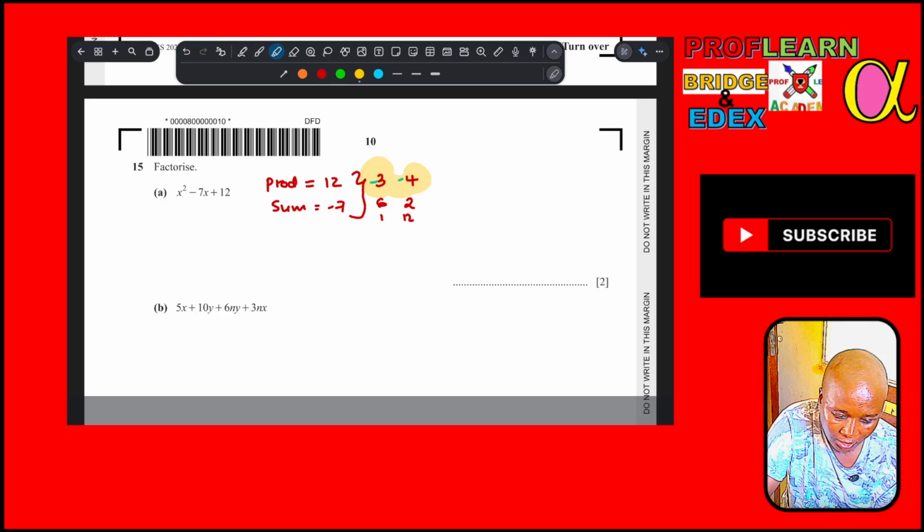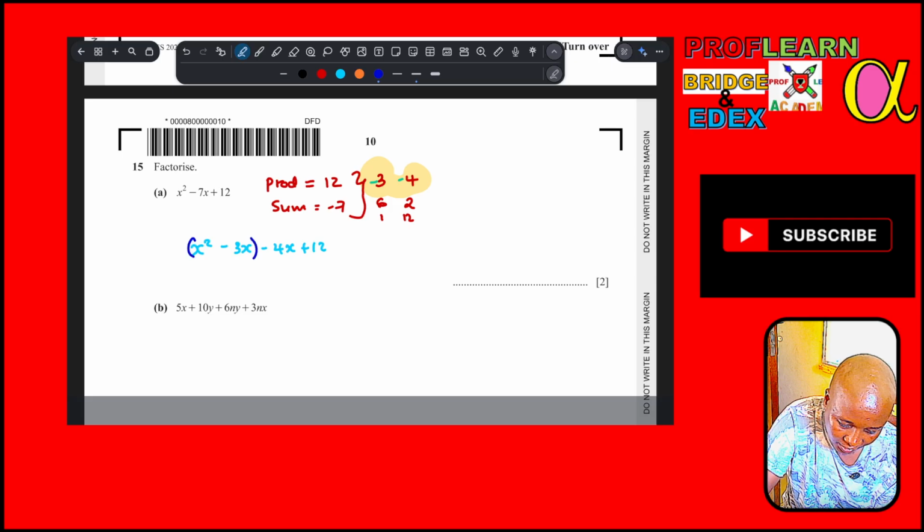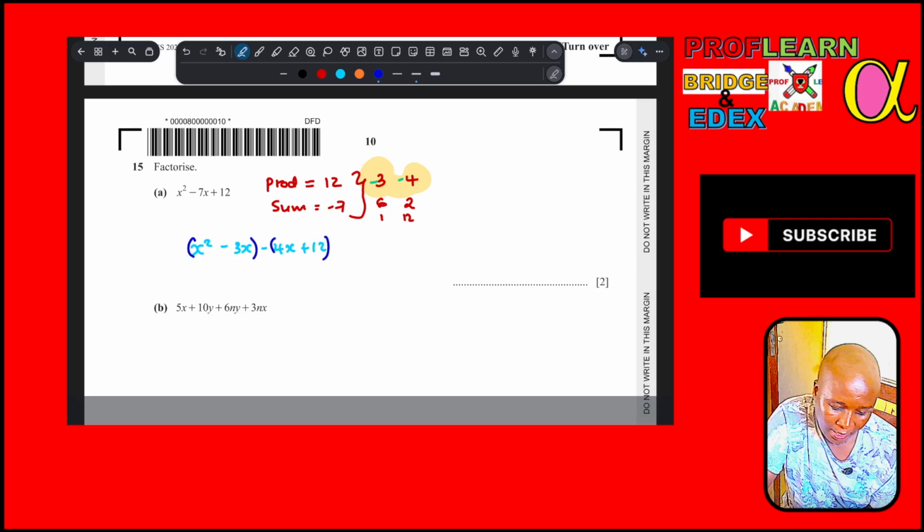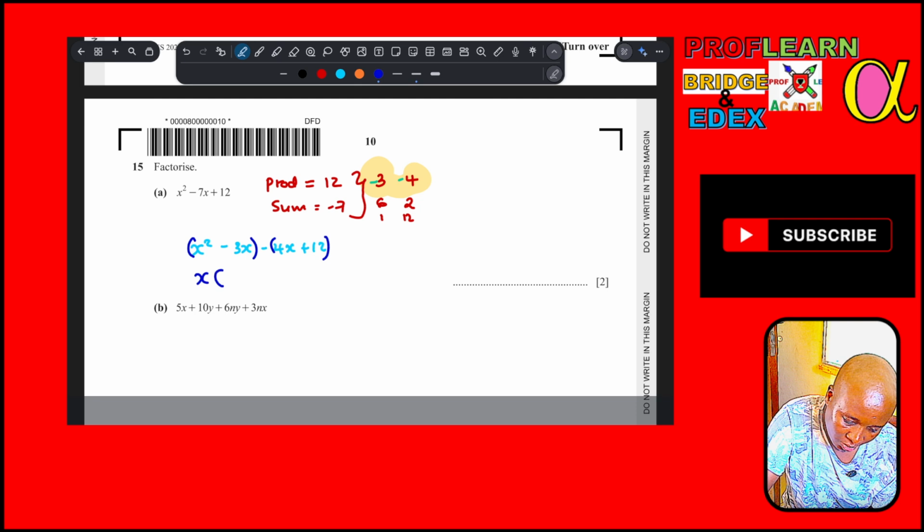Then we are going now to put this together, and we shall say this is going to be x squared minus 3x minus 4x plus 12. Then we can factor these two parts. This is going to be what? x into (x minus 3), minus, we factor 4 out here.